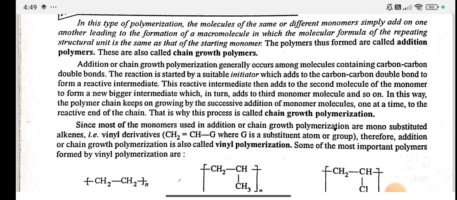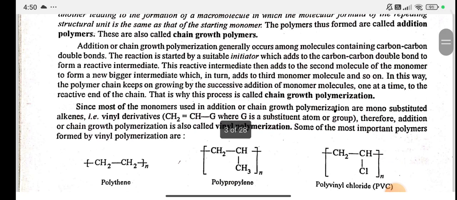Addition or chain growth polymerization generally occurs among molecules containing carbon-carbon double bonds. The reaction is started by a suitable initiator which adds to the carbon-carbon double bond to form a reactive intermediate. This reactive intermediate then adds to a second molecule of the monomer to form a new bigger intermediate, which in turn adds to a third monomer molecule, and so on.